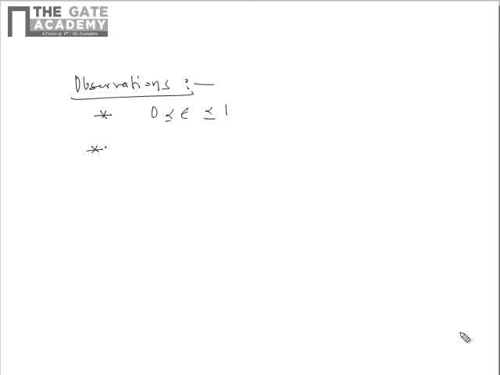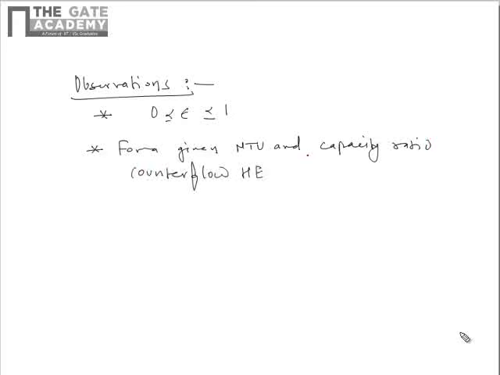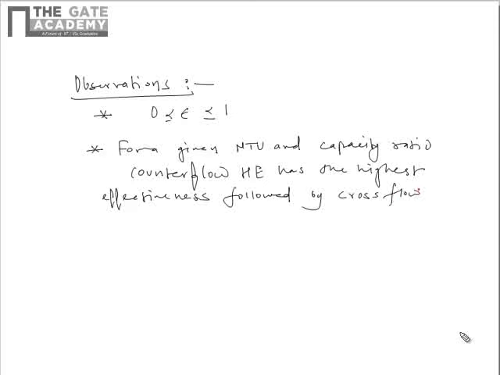The second one, for a given number of transfer units and capacity ratio, counter flow heat exchanger has the highest effectiveness, followed by cross flow heat exchanger with both fluids unmixed.